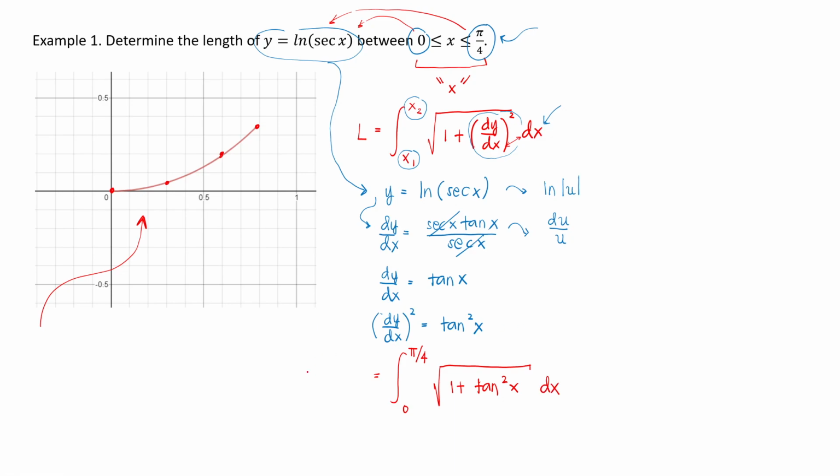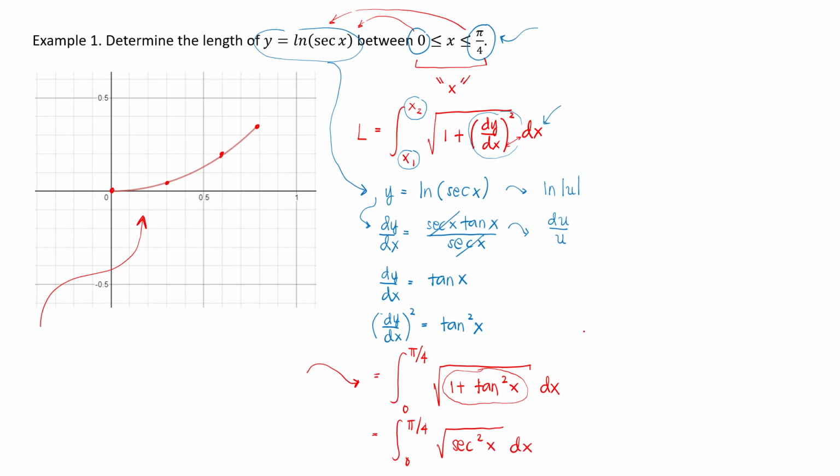At this point, you may use your calculator in determining the answer for this one. But you can still further simplify this so that you can help your calculator. Notice that this portion here is a Pythagorean identity, which is secant squared x. So this becomes the integral from 0 to pi over 4 of the square root of secant squared x dx.